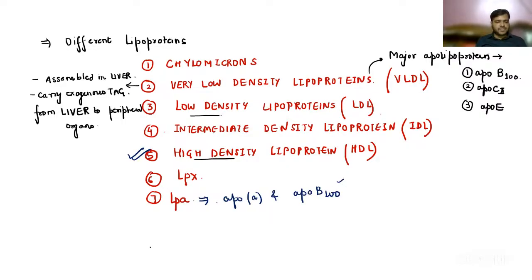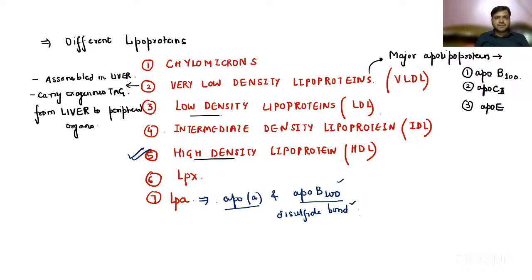Remember, this ApoA and ApoB100 are linked together by a disulfide bond. That is something you have to remember here.